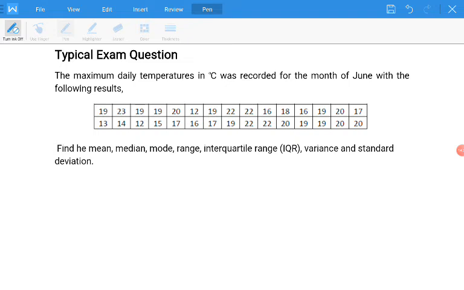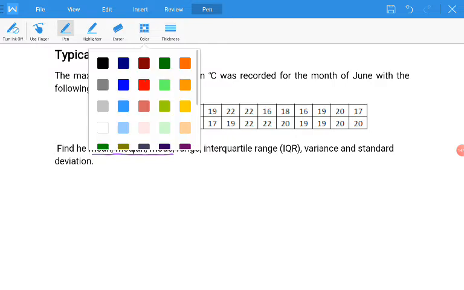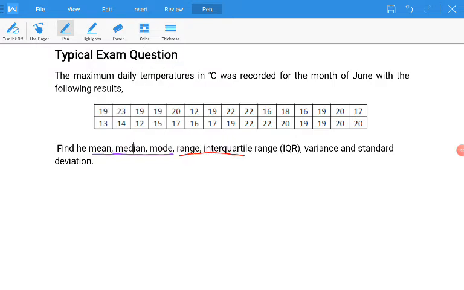So these first 3 are the measures of central tendency. Again, one will be required to find the range, interquartile range, variance, and standard deviation. These ones are the measures of variability.